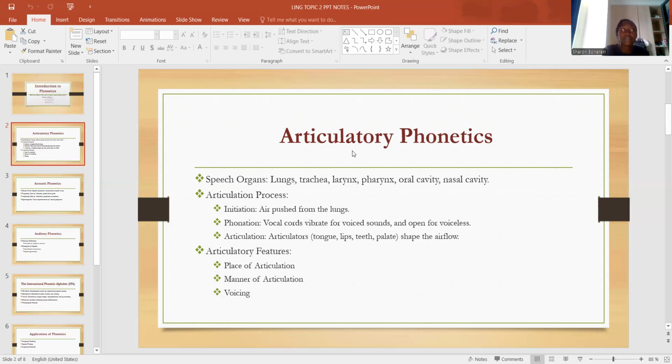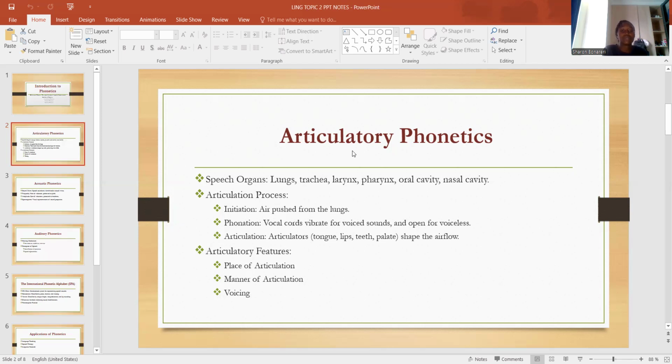So I have just done a summary. I've just stated key main points. On speech organs, we've got the lungs, trachea, larynx, pharynx, oral cavity, and nasal cavity.